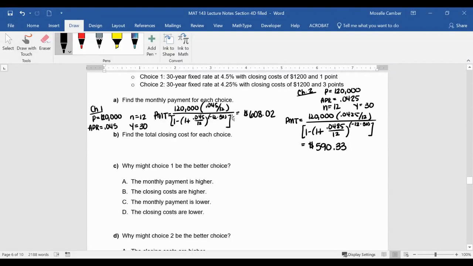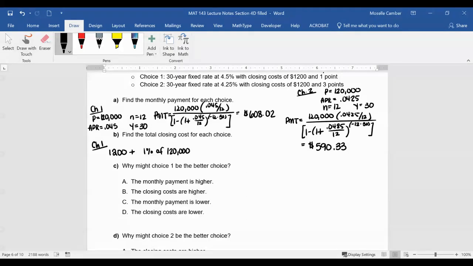Now the total closing costs for each choice. So for choice 1, we have a fixed fee of $1,200, and then we have 1 point. So closing costs will be the fixed plus the point, which is a percentage. So this would be 1% of our total loan amount.